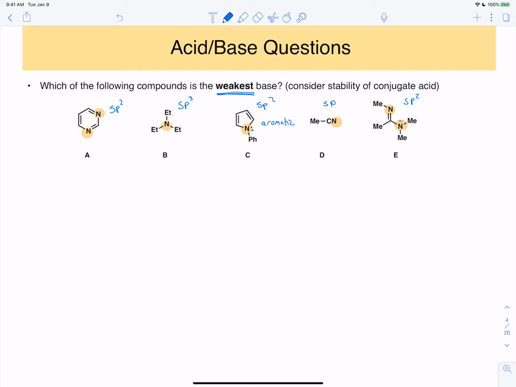Sp hybridized nitrogens will be the most electronegative. Electronegative atoms will be very poor at stabilizing the positive charge. So the positive charge in this nitrogen will be very angry. And since it's very angry, this is a very unstable conjugate acid. It leads the nitrile to be the least basic of all.